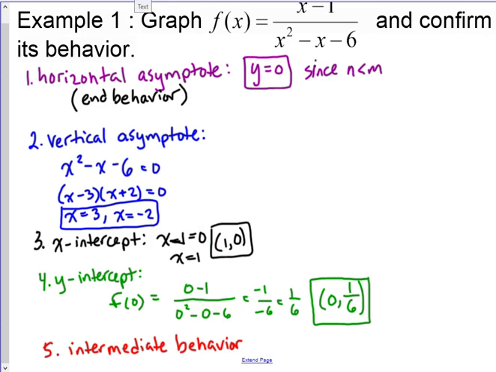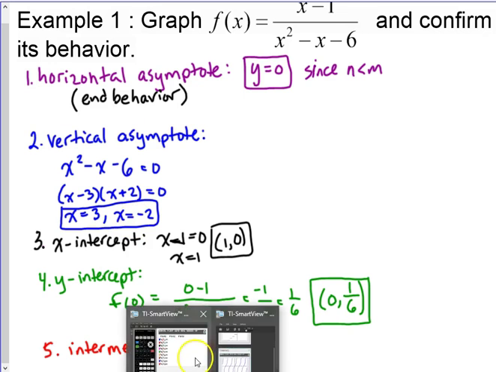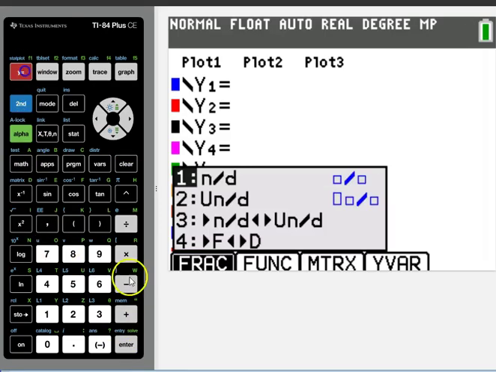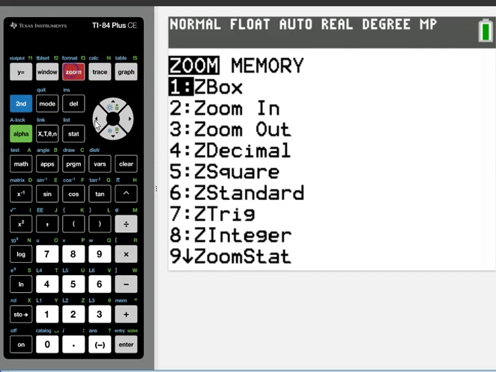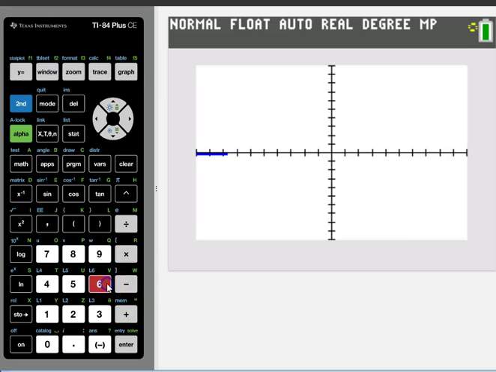So let's go to our graphing calculator. Let's enter that function. So we'll do a zoom 6 for a standard window there. We can tell that we do have our vertical asymptotes where we thought they would be.